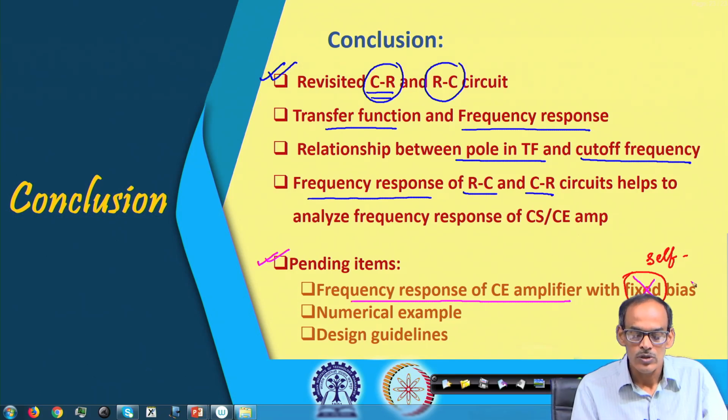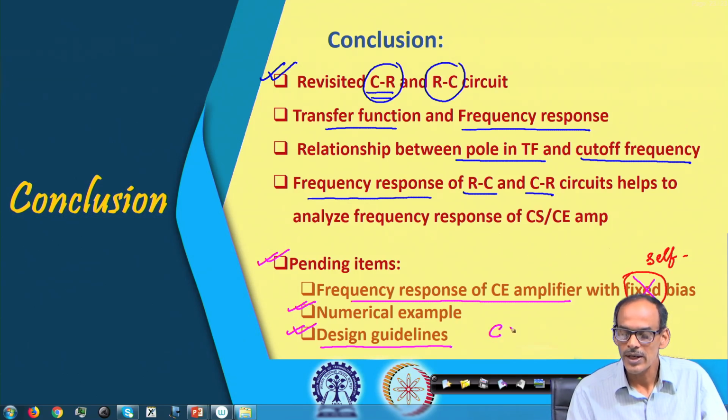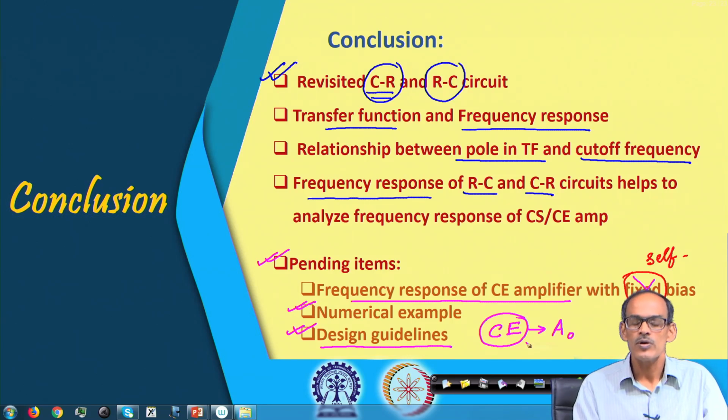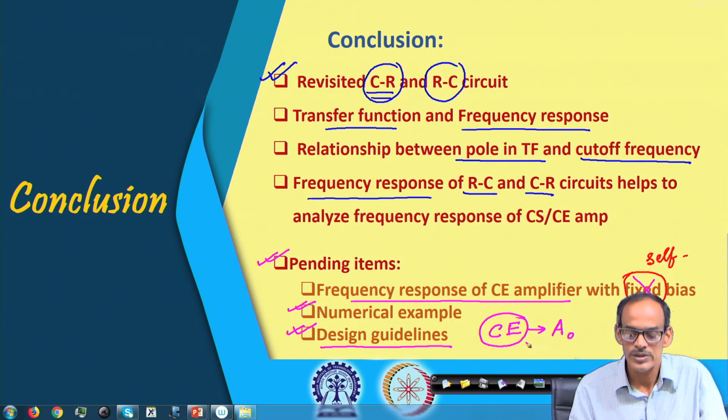So, we need to cover numerical examples, and then we will talk about the design guidelines. Note that under the design guidelines, we have talked about both self biased as well as fixed bias CE amplifiers, but primarily that is related to the mid frequency gain. Cutoff frequency we have touched on, but we did not go into detail.